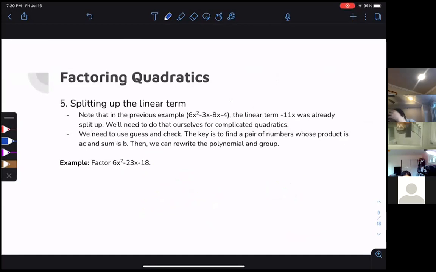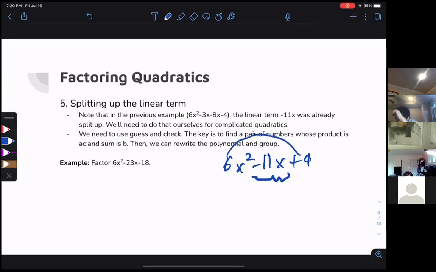What they mean is if you want 6x squared minus 11x plus 4, sorry, it's not consistent with the last one, and you want to factor this, then you have to think how do we split this negative 11x into two numbers whose product is equal to 6 times 4, and that would be negative 3x, negative 8x. Negative 3 times negative 8 is 6 times 4. Perfect.